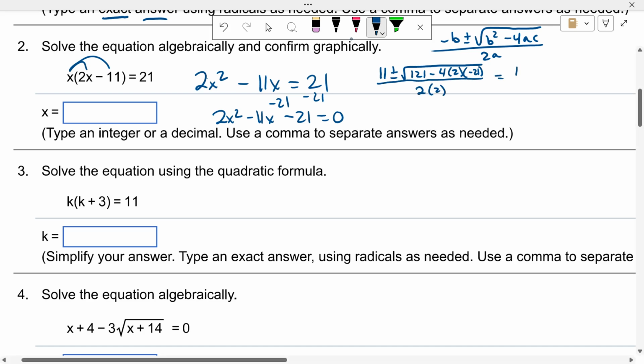So it's 11 plus or minus the square root of. Okay, 4 times 21 is 84. 84 times 2 is 168. Plus 121 is 289 over 4. The square root of 289, I think, is 17. Did I do that right?